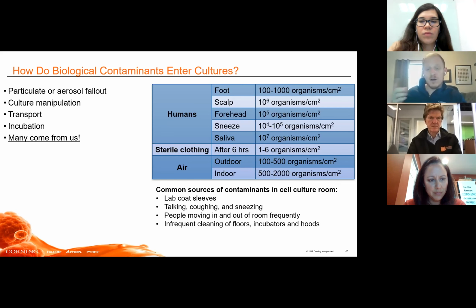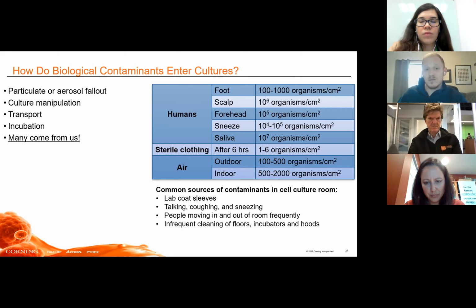In many incubators there are fans that move the air around to maintain temperature, and sometimes that can cause air to get into your cell culture vessel if it's unscrewed or if you just have a plate top on it. But more often than not, it is technique, associated with not having the most optimal aseptic technique.